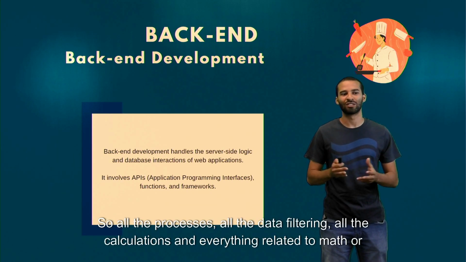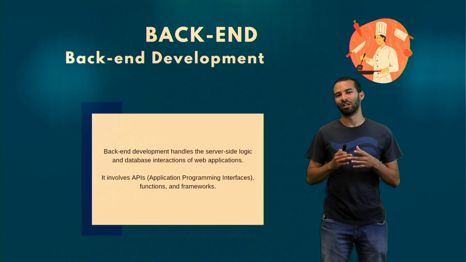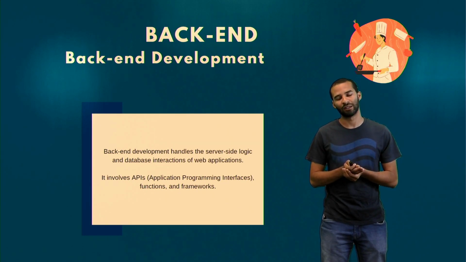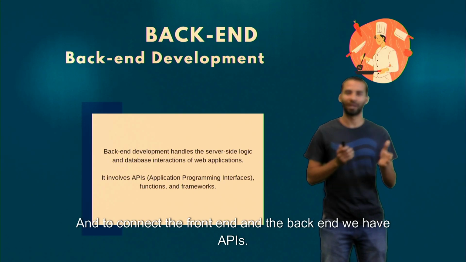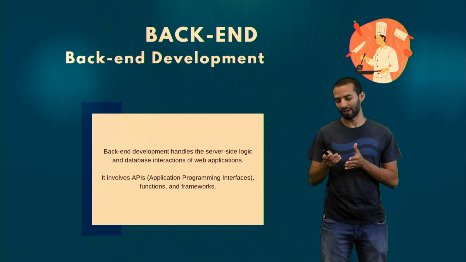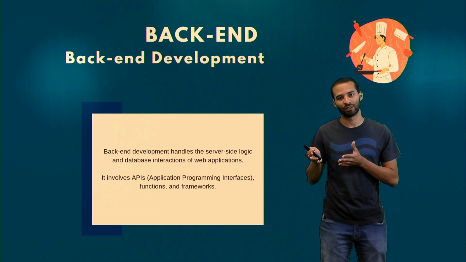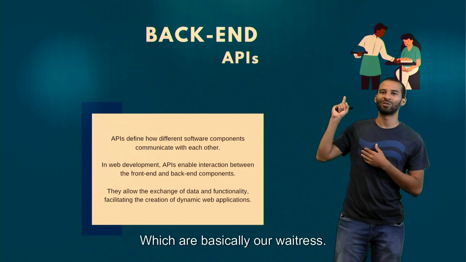So all the data filtering, all the calculations, and everything related to math or management, it's happening in the backend. And to connect the front end and the back end, we have APIs, which stands for Application Programming Interfaces, which are basically our waiters.